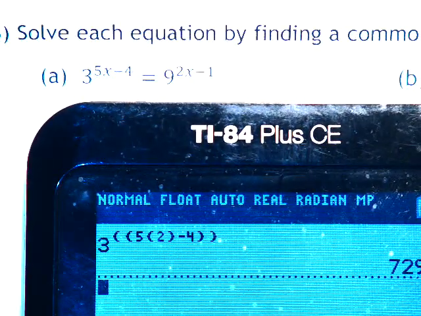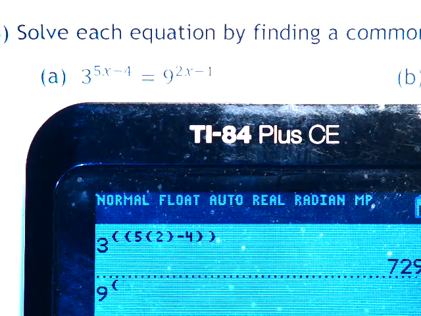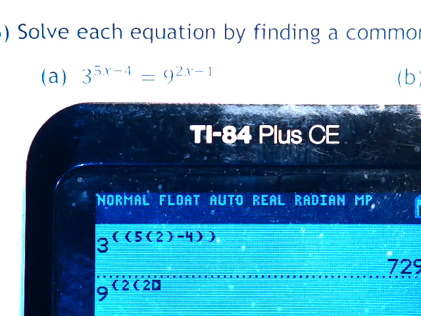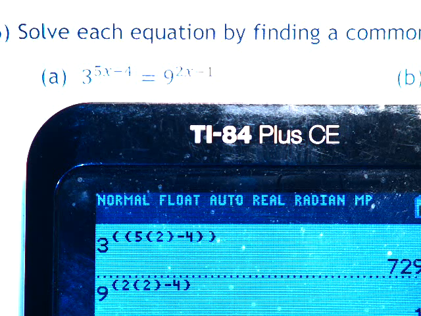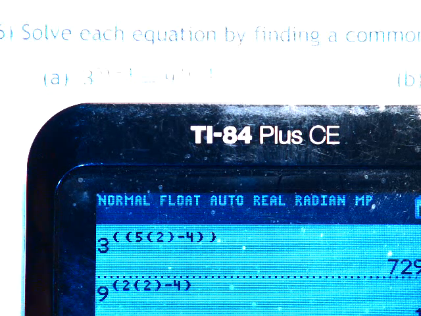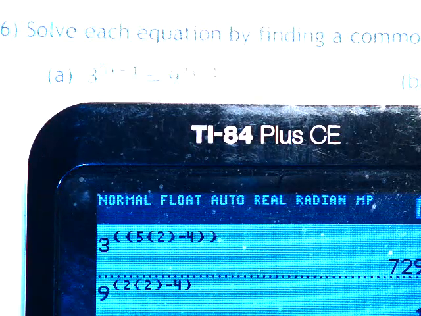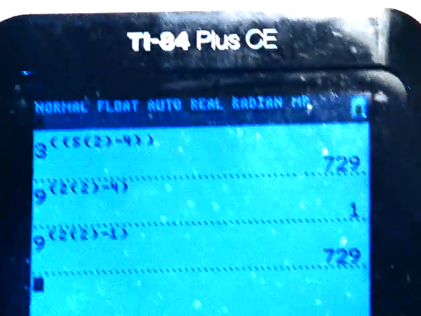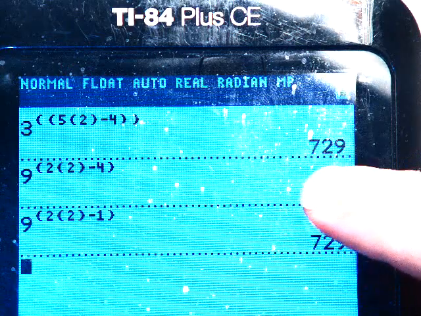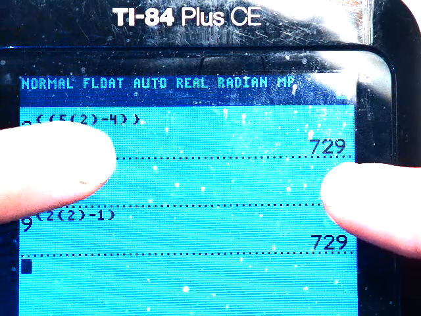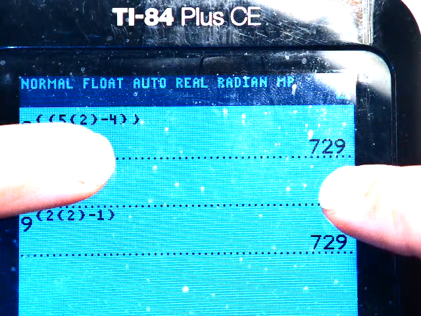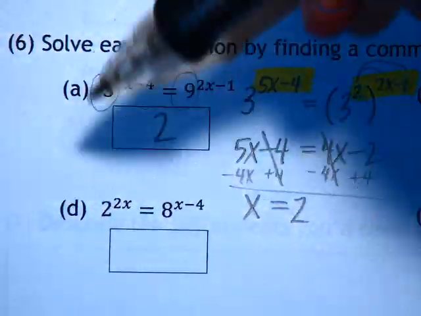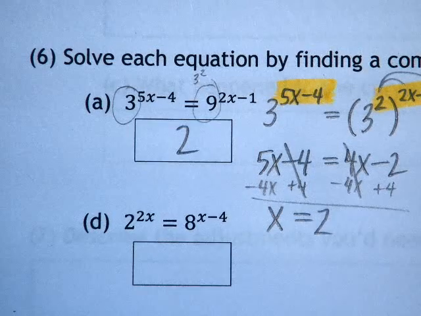So if I do the right-hand side, which is 9 to the power of 2 times 2 minus, oh, sorry, minus 1. My bad. There we go, 729. Now we know for sure that the top and the bottom calculation gives us the exact same answer, which means our solution works on both the left and the right-hand side of the equation.